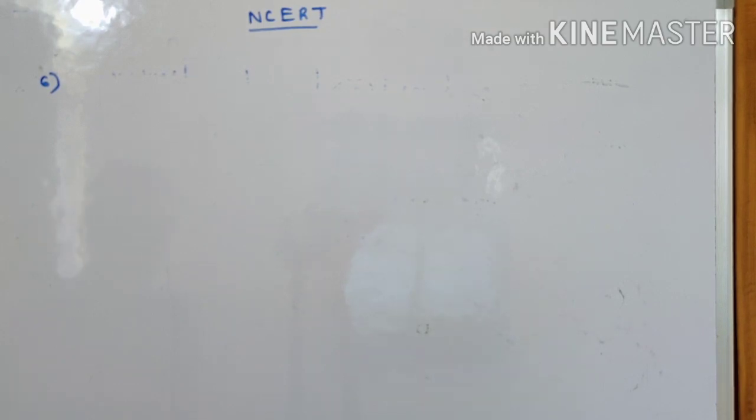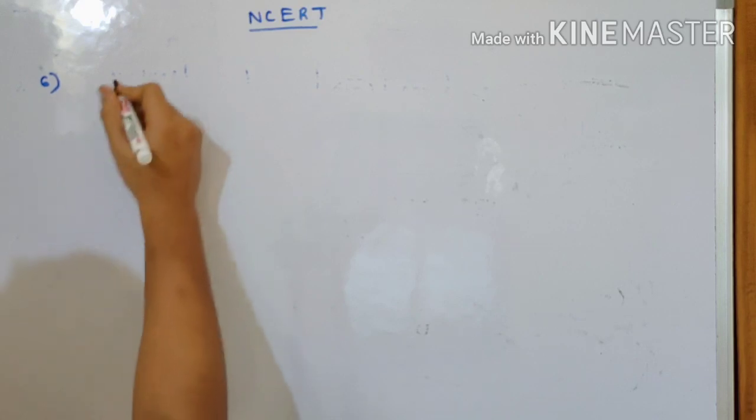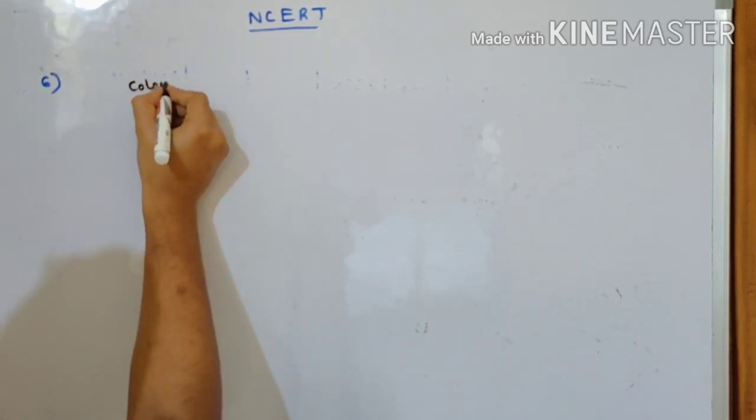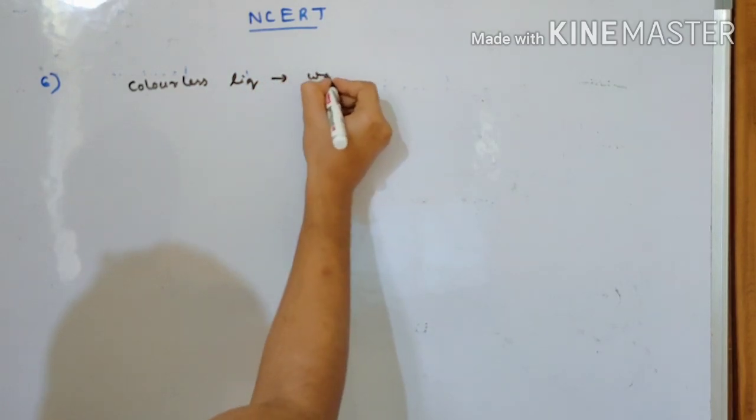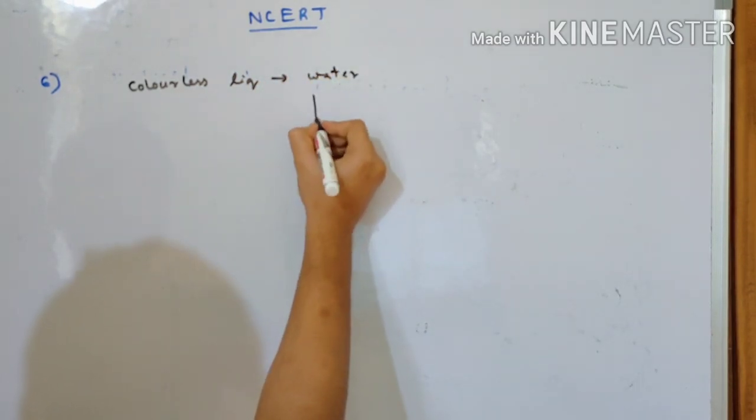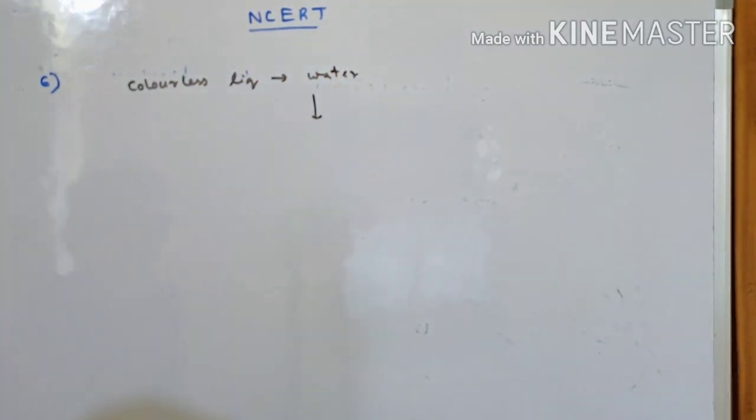So I have to prove that a colorless liquid that is given to me is water. What should be its physical properties? That I can check.